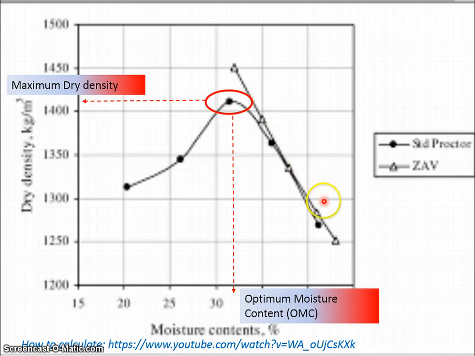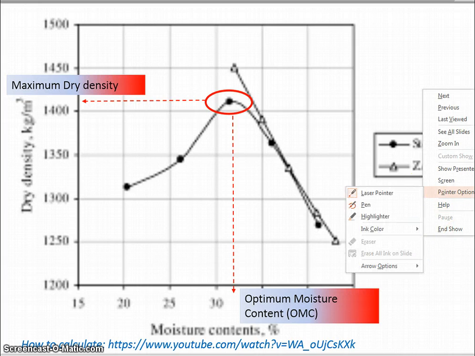If you can see here, at the critical point, the zero air void is superimposed with the results of the compaction. So it's still accepted. But if you plot the zero air void inside the curve, it will be a wrong result. So you have to comment on why it happened.